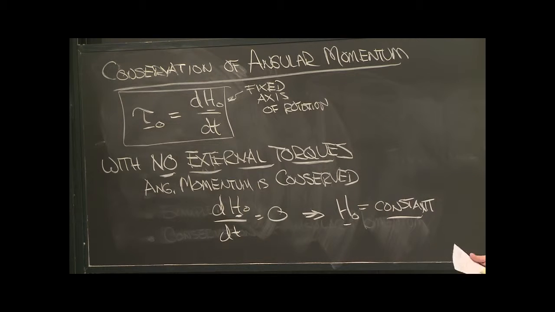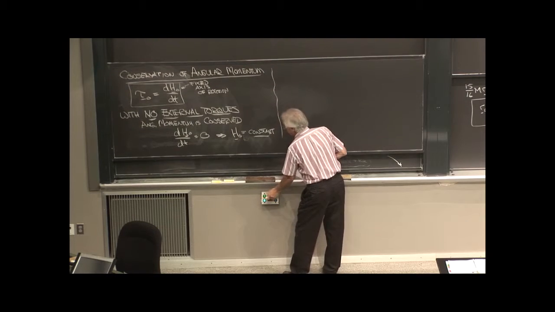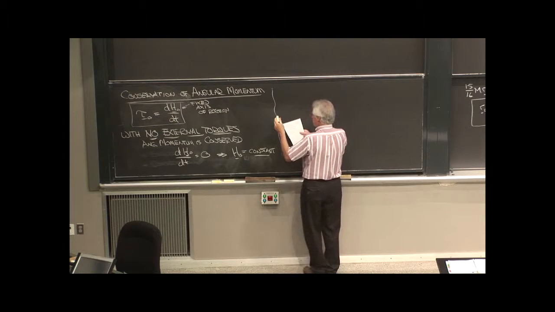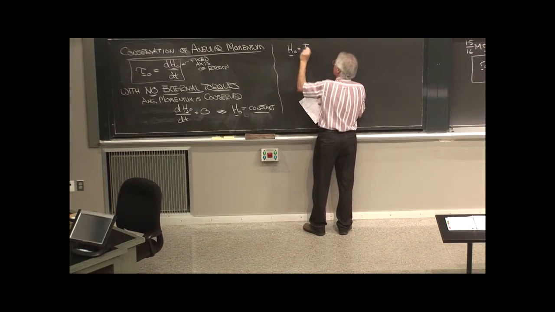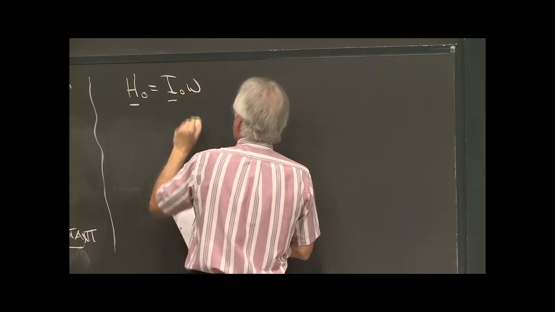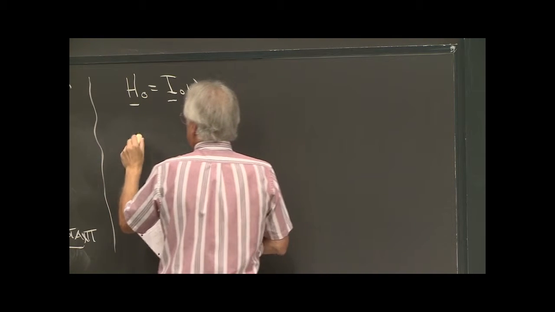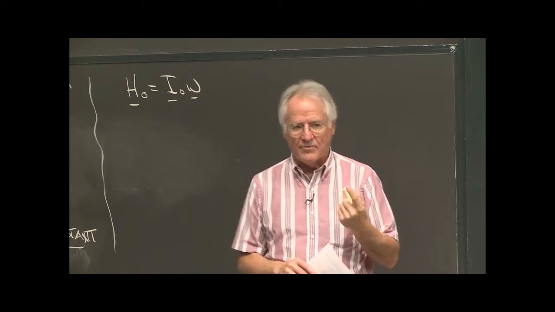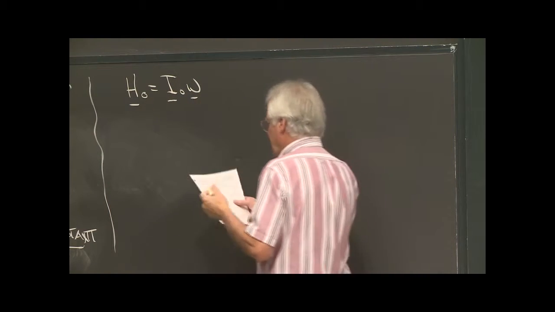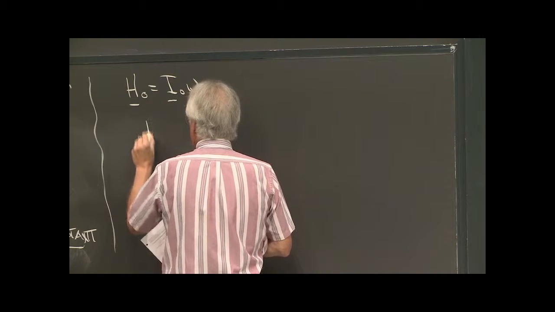It is a constant. And we told you last time as well that the angular momentum is the moment of inertia times the angular velocity. So if we're talking about an object that's rotating about a fixed axis, and let's talk about two different states, okay?